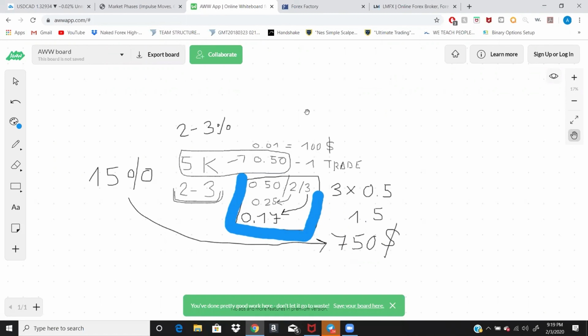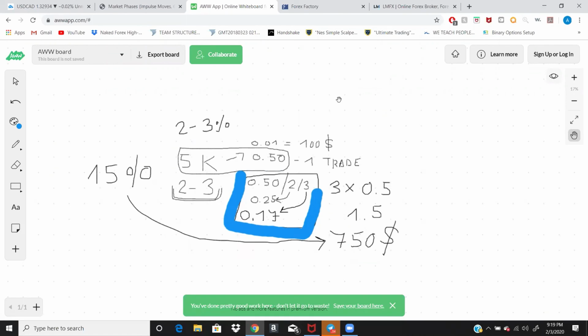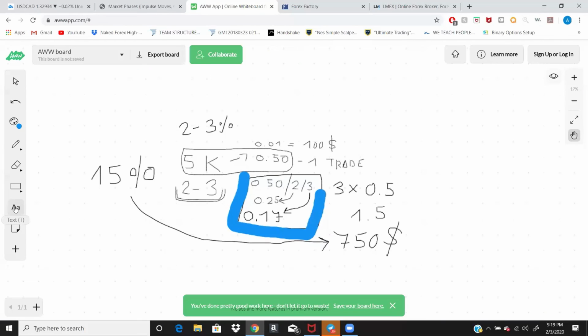So, okay, so the way 1 to 1000 works as compared to 1 to 50 is this.